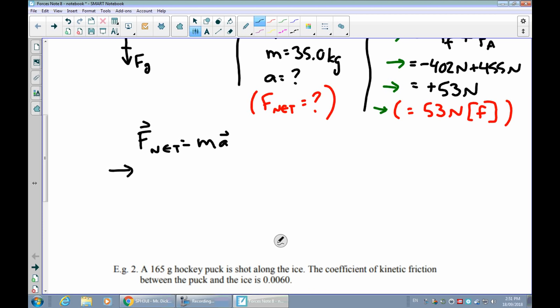We want the fact that acceleration would be our net force divided by our mass. And notice I've left the vector arrows on because I am going to write my values in as a vector. Specifically, I'm going to write that this is positive 53 newtons. That is a vector quantity, and the positive is something that allows me to state the direction along with it. And I'm dividing that by the 35 kilograms.